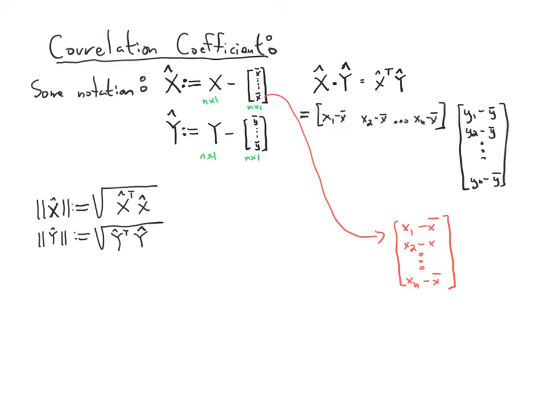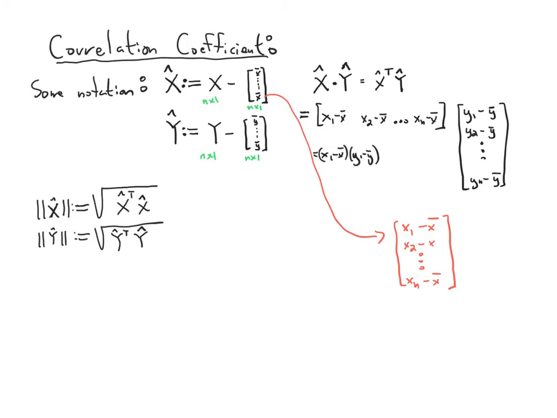And then all this calculation does is it takes the first entry of your x and multiplies it by the first entry of your y, and then adds the second entry of your x times the second entry of your y, etc. So this ends up equaling x1 minus x bar times y1 minus y bar.